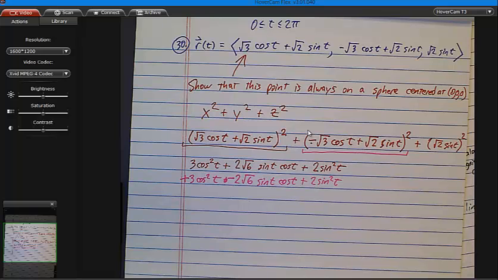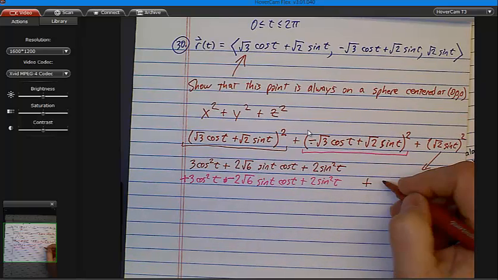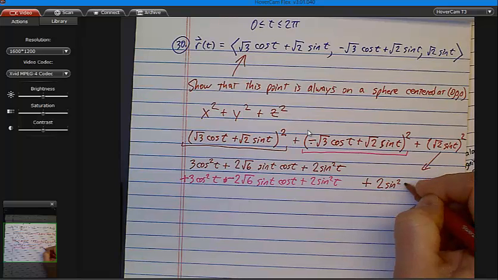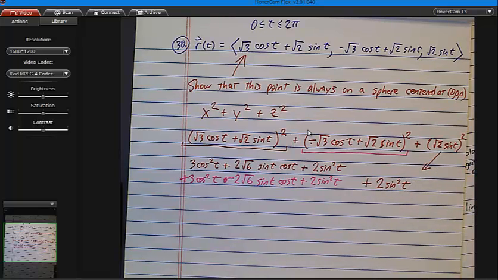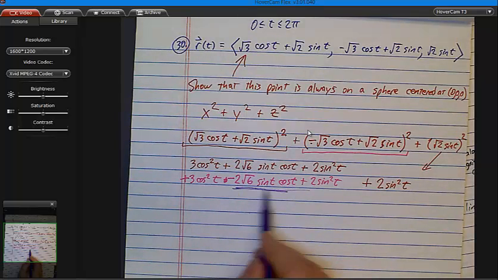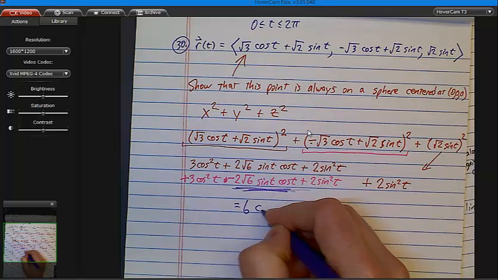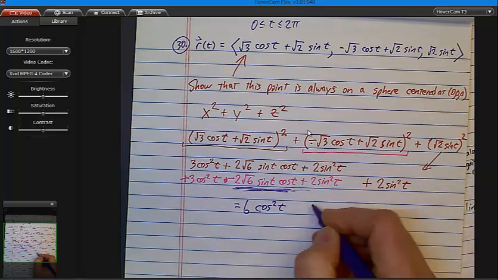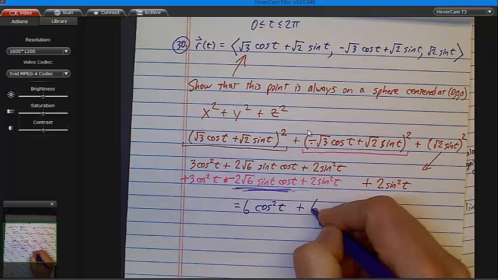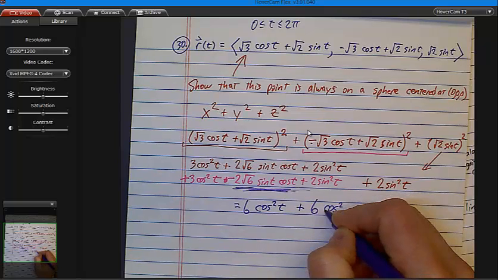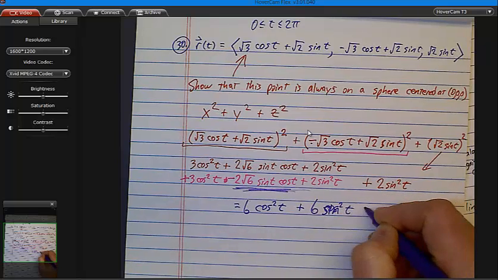That's nice. And then when I square the last piece right here, I get plus 2 sine squared t. Yeah? So when you work this all out, well, these guys drop out right here, right? You get 6 cosine squared t plus how many sine squareds? Yep, this is 6 sine squared t.